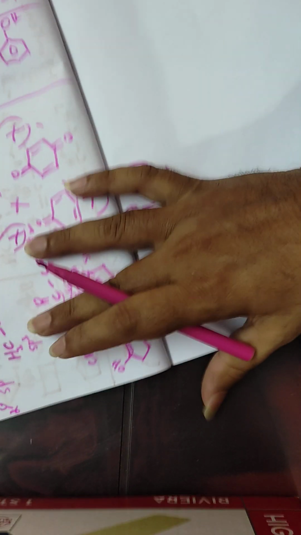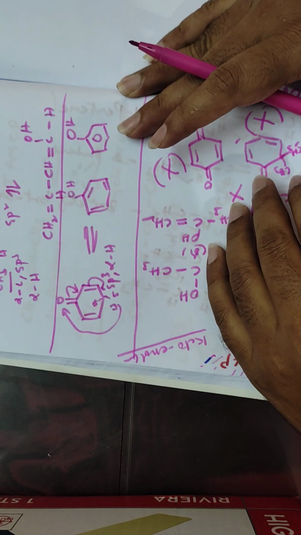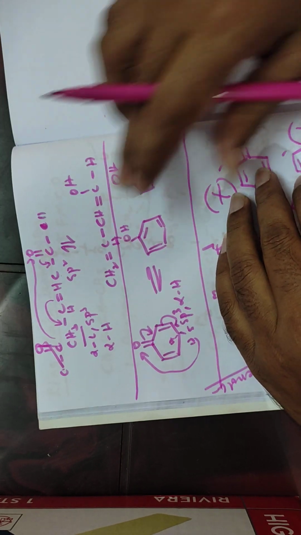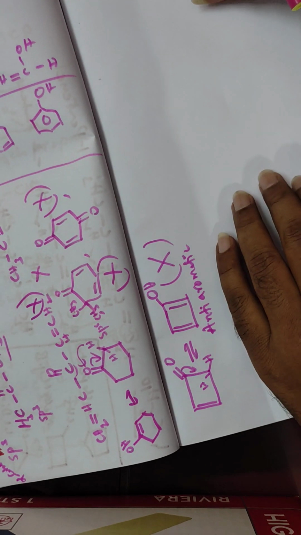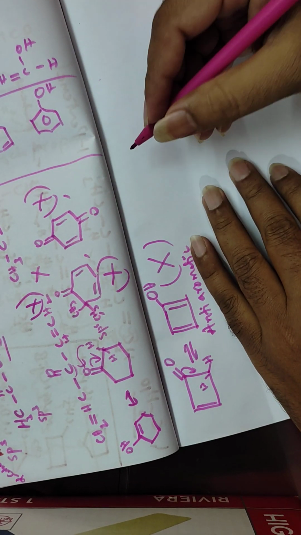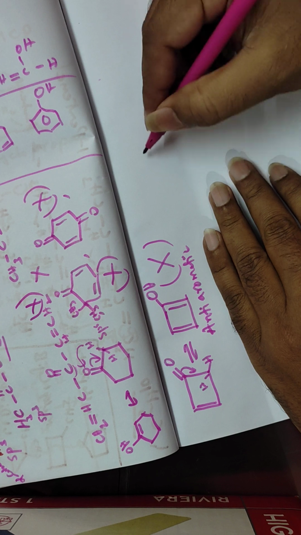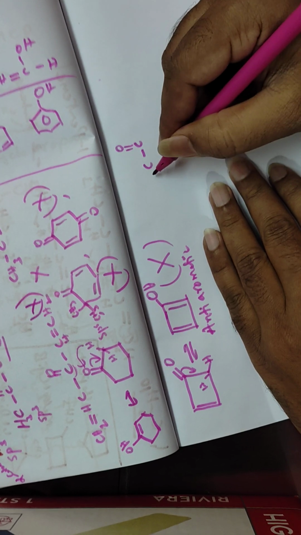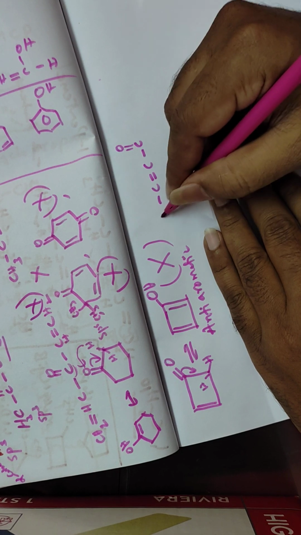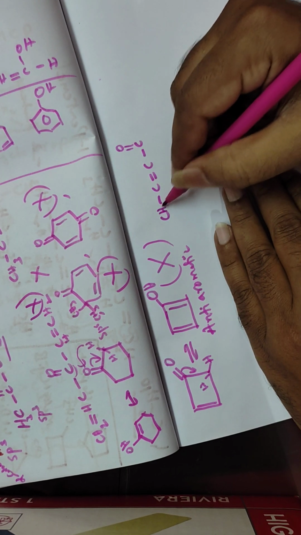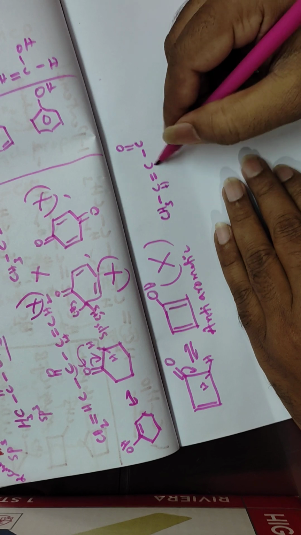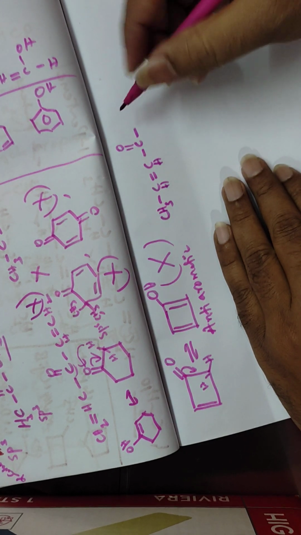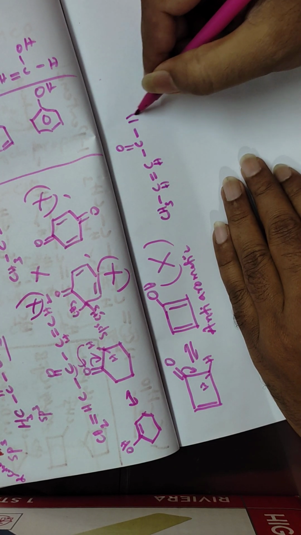Okay? And I will take another example. You see, here I have written, once again I will write here. This is C double bond O, C double bond C, CH3. Here hydrogen, here hydrogen. Just put one hydrogen here.